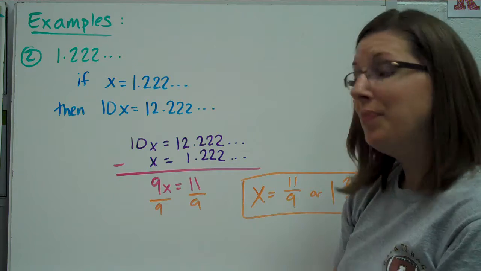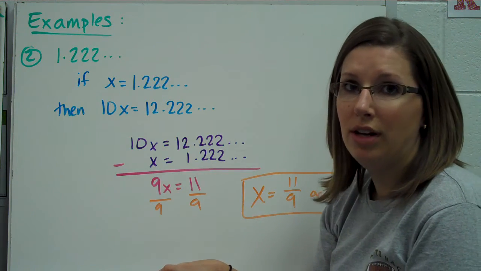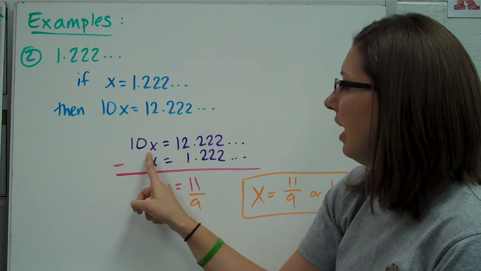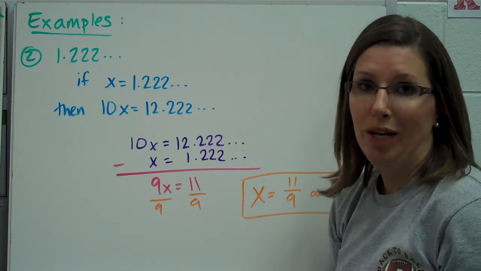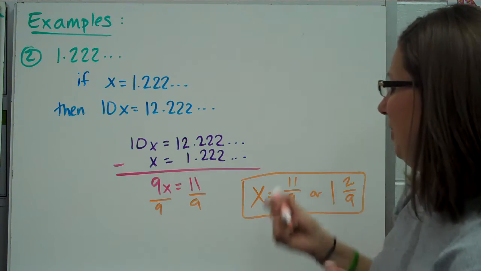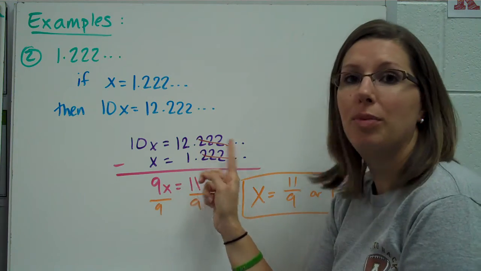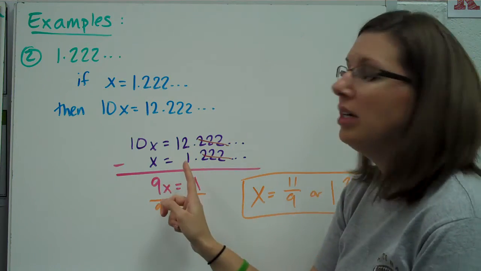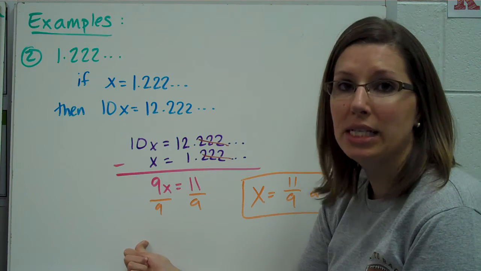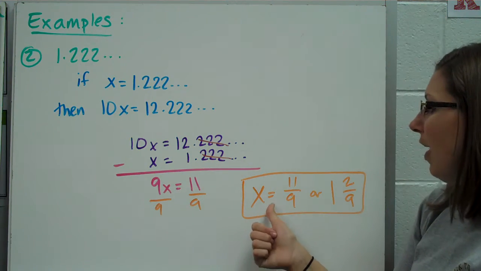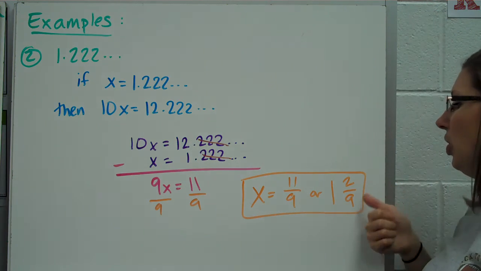Now let's set up our equations and subtract them vertically. 10x minus x is 9x. 12.22222... repeating, take away 1.222... repeating, is just 11 because my repeating decimals cancel out. 12 take away 1 is 11. And now just use inverse operations to get x by itself. So our fraction is 11/9 or 1 2/9.